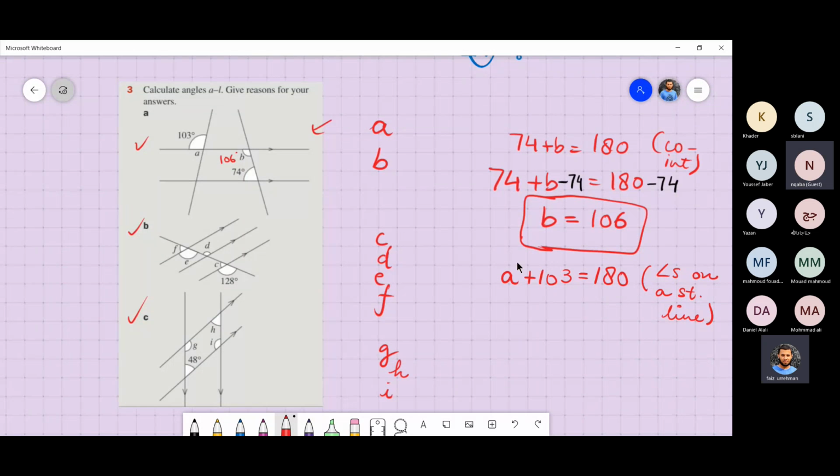Did you understand angles on a straight line? Yes. So A plus 103 minus 103 equals 180 minus 103. So A will be 77 degrees. This is the first question.